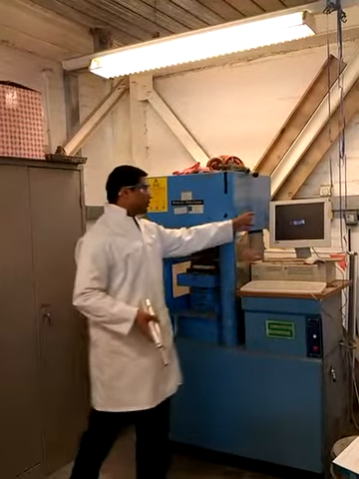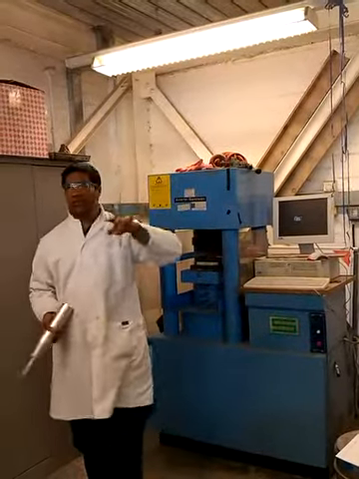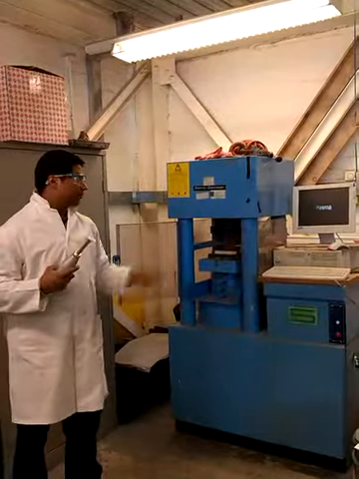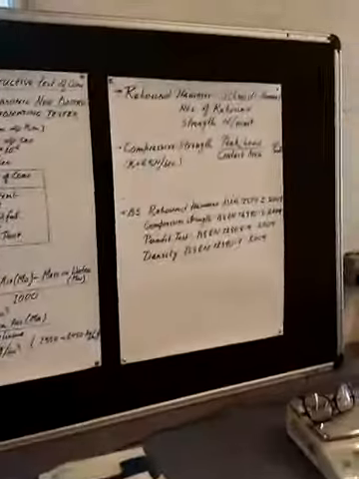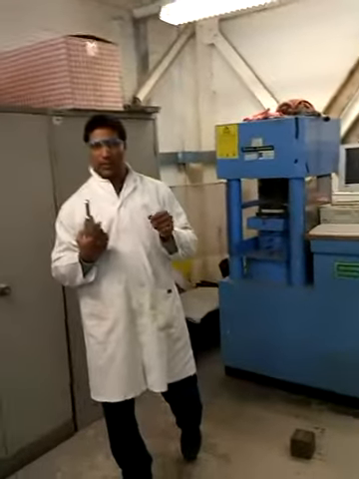The peak load is in kilonewton. If you convert that kilonewton to Newton and divide by the area, you will get the compressive strength. Okay, that's the formula. Compressive strength is peak load divided by contact area. And our target strength is 30 Newton per millimeter square after 28 days.